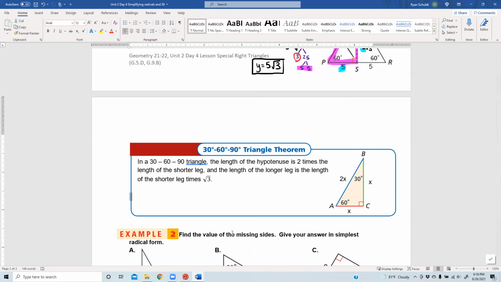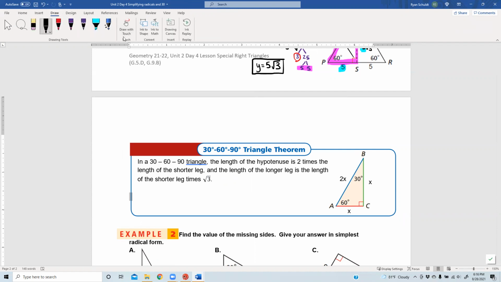Okay, so what that's saying is, again, think of your legs. The legs are what make the right angle. So this is a leg. This is a leg. Computer's spazzing out on me.